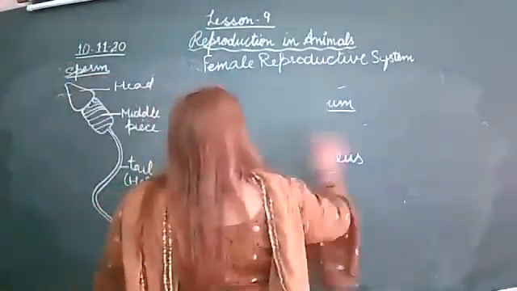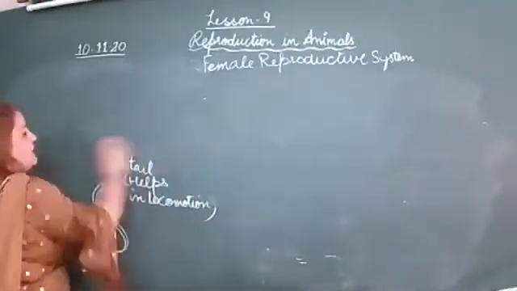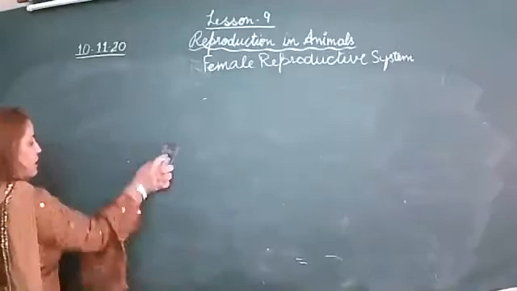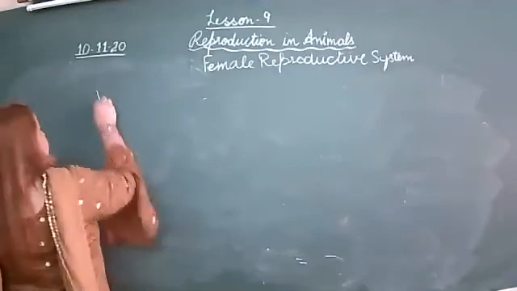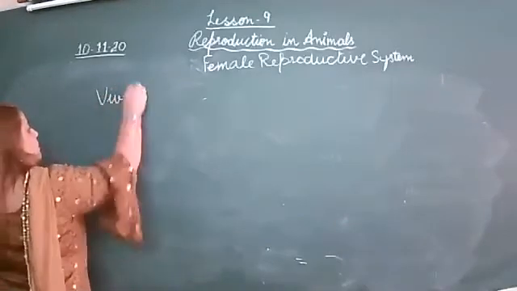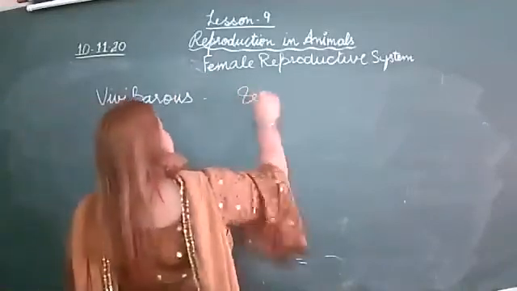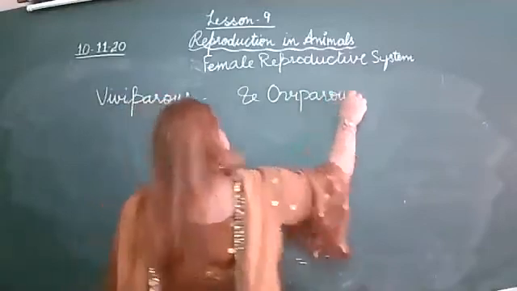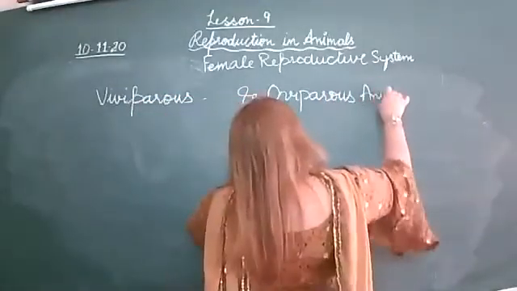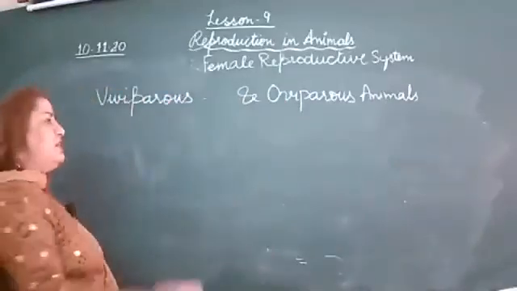After this, you can write down the two terms and fertilization that I will explain in the video. Write down the two terms, viviparous and oviparous animals. This is a simple topic, the definitions of these.